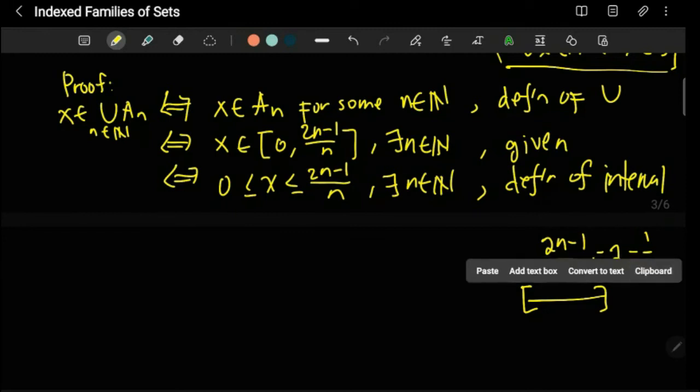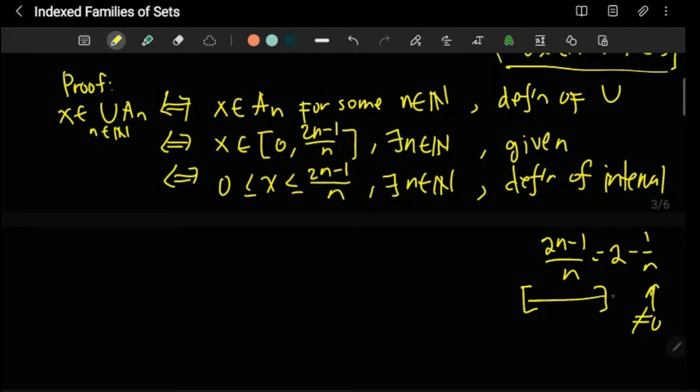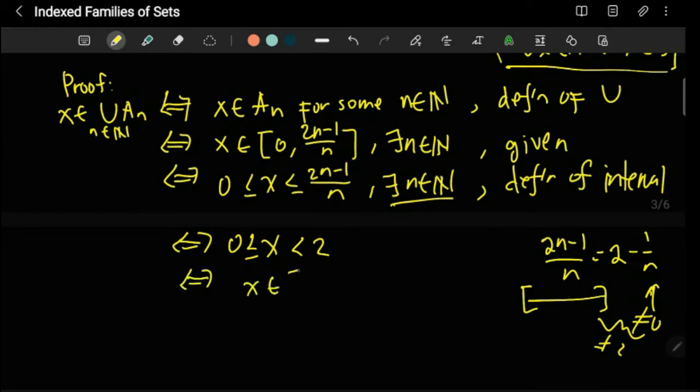This is never equal to 0. So, the whole thing is never equal to 2. Right? So, this means that x definitely is between 0 but less than 2. Definitely. Right? It can never be equal to 2. So, inalis natin yung n, yung (2n minus 1) over n. Right? So, that means that x belongs to the interval 0 to 2, which is what we want.